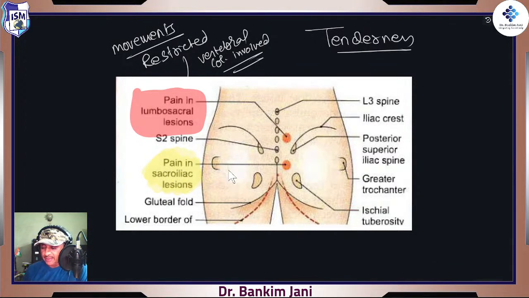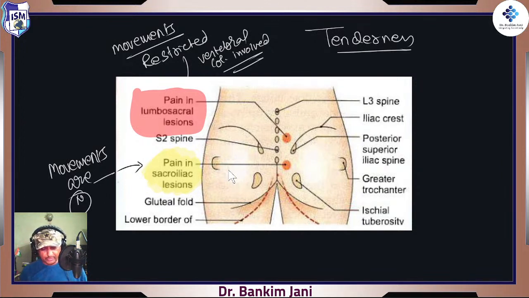This pain classically appears whenever there is extreme forward bending. So here the movements are free, movements are normal, except when there is extreme bending, but otherwise pain persists.